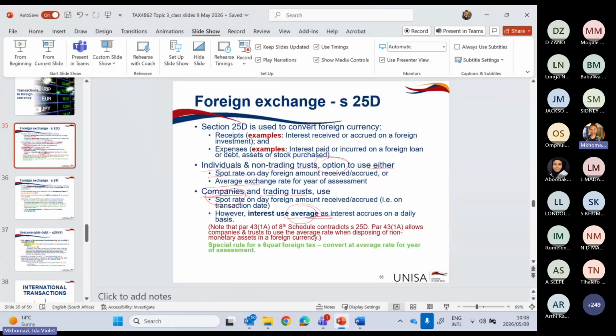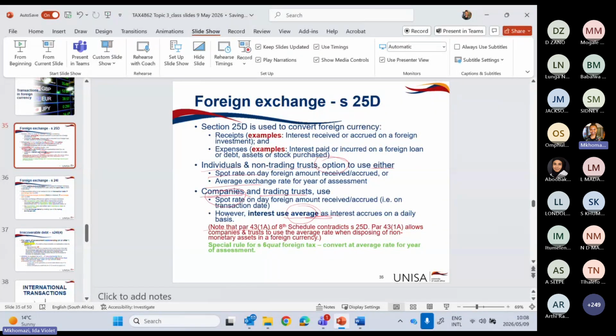So basically 25D, we use it to convert the foreign currency. That means that you want to get the cost price of that asset or the trading stock into your books. You get it at the spot rate if you are a company, or use spot rate or average if you are an individual. Okay. However, there is a caveat in paragraph 43(1)(a) of the 8th Schedule that contradicts Section 25D.